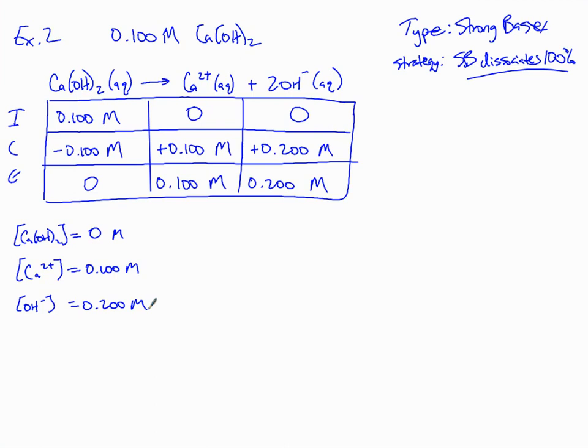So it's important that when a question asks you to find the concentration of all the species, you don't just do the chart. You have to physically specify, this is the concentration of calcium. This is the concentration of hydroxide. The only reason is that there is so much data in this table that you can't expect somebody else to interpret it for you. You have to spell it out like this.